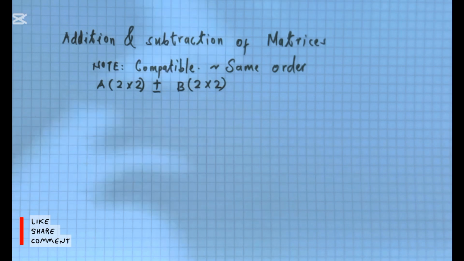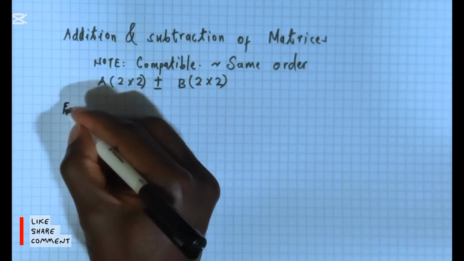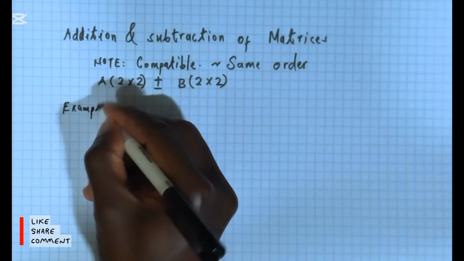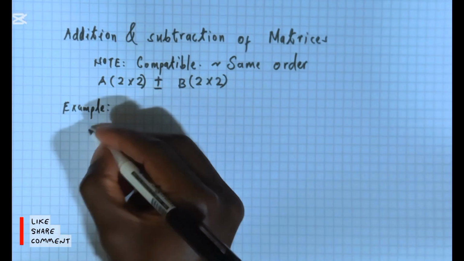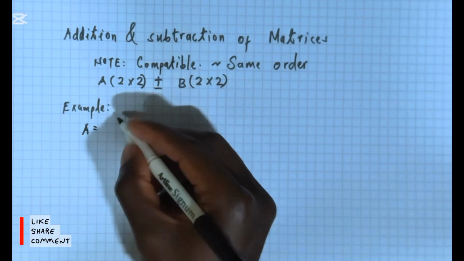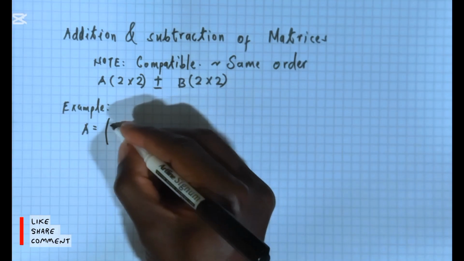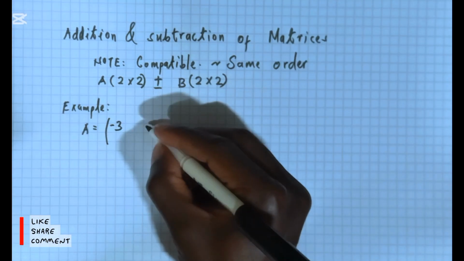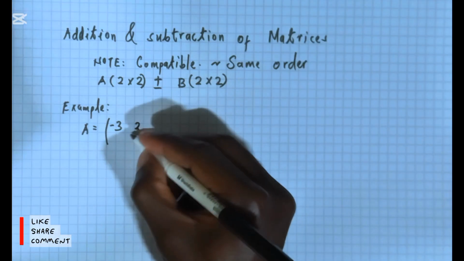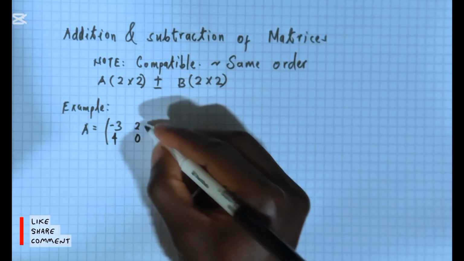We are going to handle a simple example here and see how we can add and subtract matrices. For the first example, we are given a matrix A, defined by the elements negative 3, 2, 4, and 0.